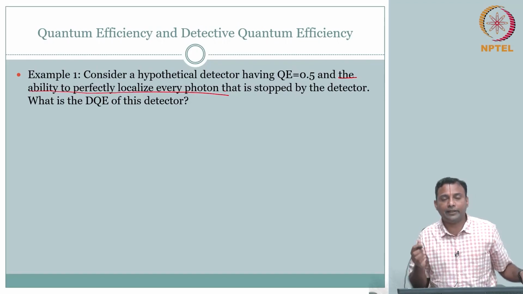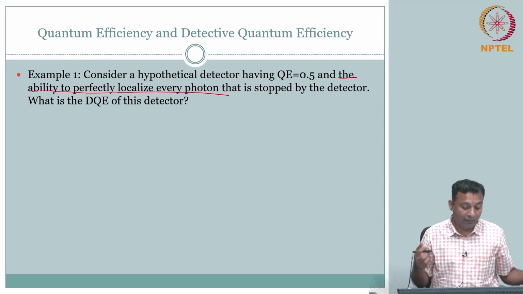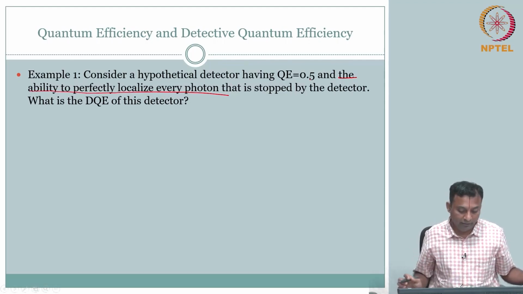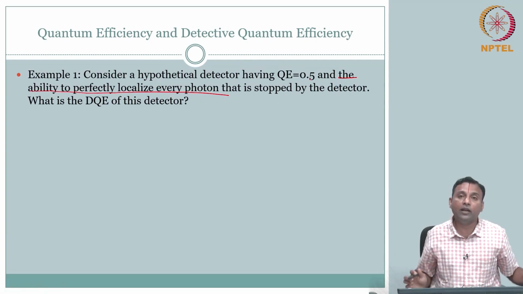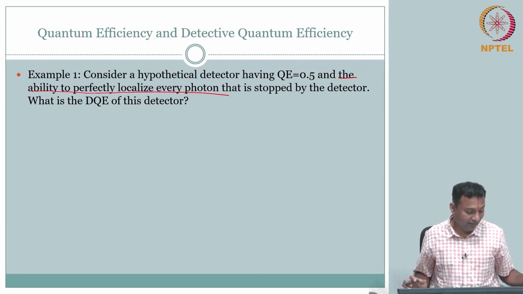You could have two detectors with the same QE, but one may have some randomness. Here, QE is 0.5 and it has the ability to perfectly localize every photon. That means I do not have any more degradation in the performance.